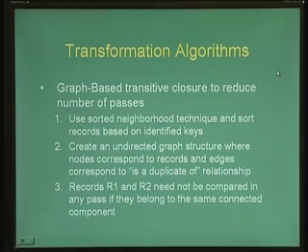And the last algorithm that we are going to see, for duplicate elimination and also for misspelling detection, is what is called the graph based transitive closure. This algorithm is more of an improvement over the sorted neighborhood algorithm, where it basically reduces the number of passes.